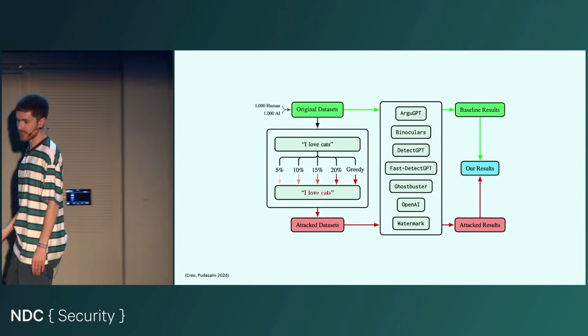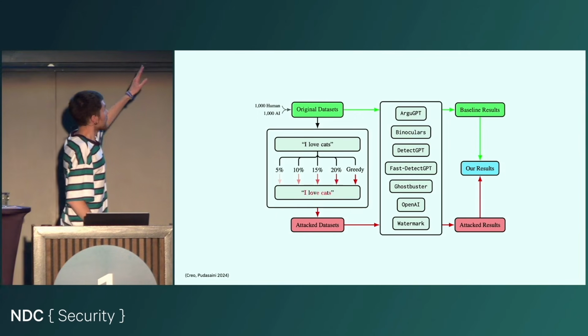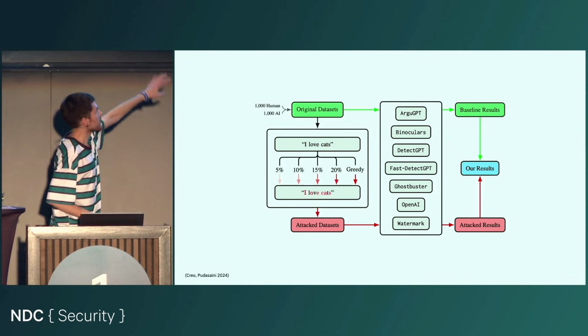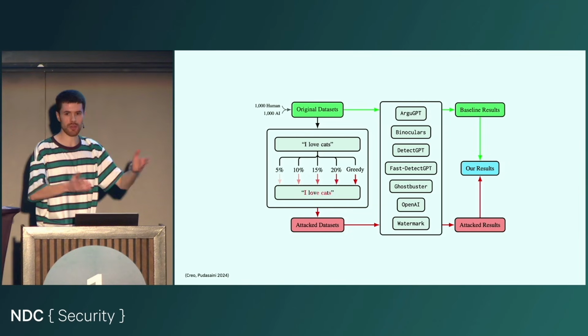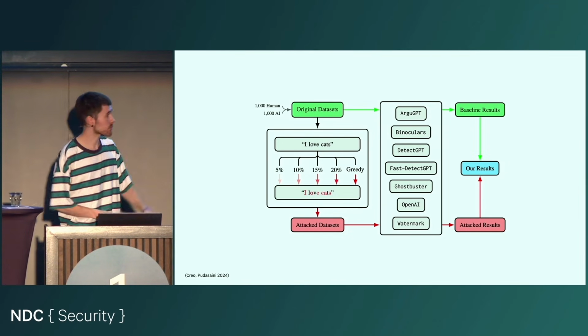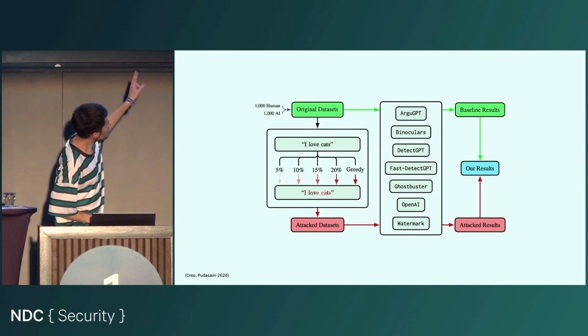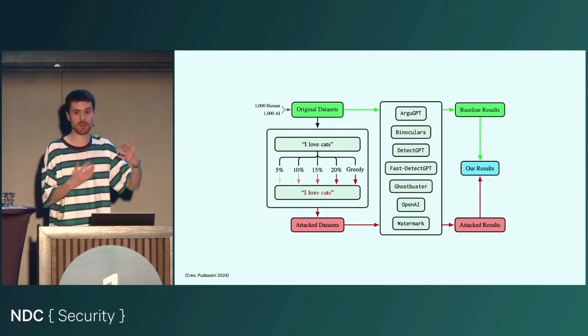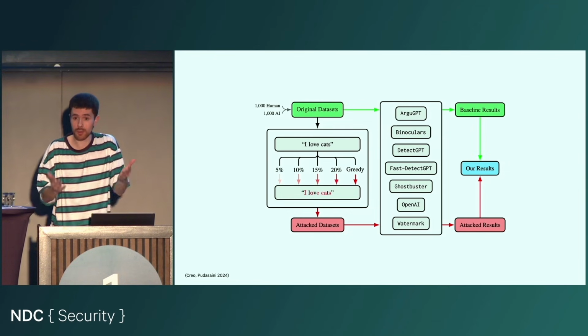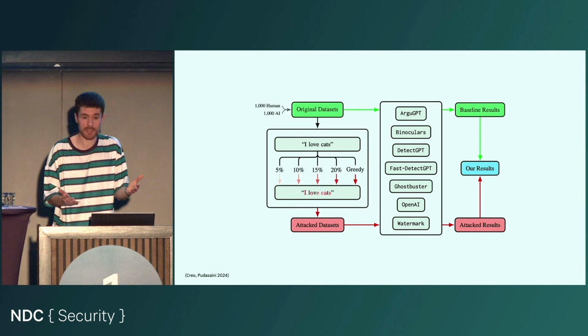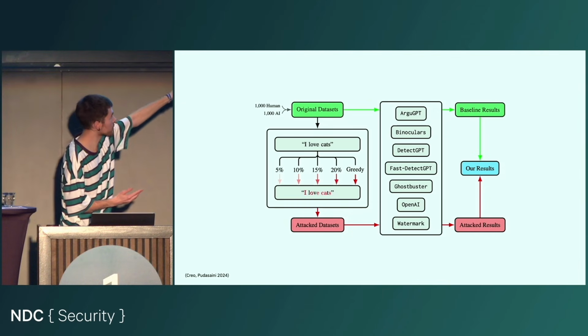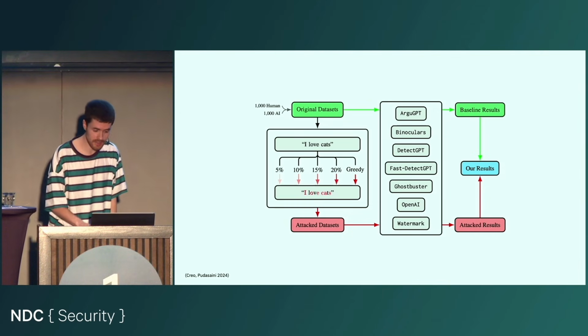Those are the attack data sets. Now, we have a bunch of detectors. You know, there's different ones in the market. And we get some baseline results. The baseline results are basically what you would get if you didn't apply any homoglyph attack, but you also get the results of what happens when you attack the text.